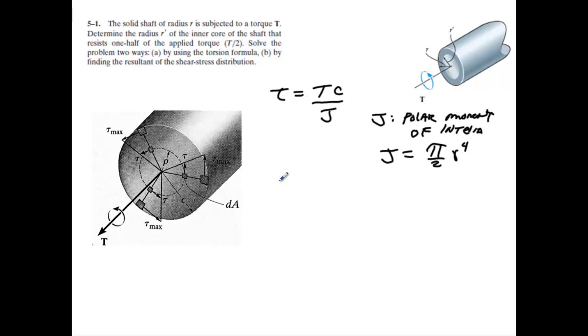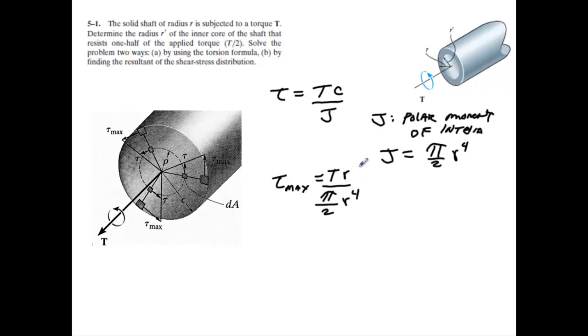Now to find the max shear, you're just going to do the torque that is applied times the radius of the shaft over pi over 2 R to the 4th. Now we can simplify this because we have R to the 4th here and an R here.